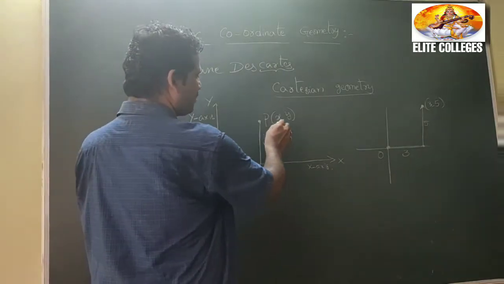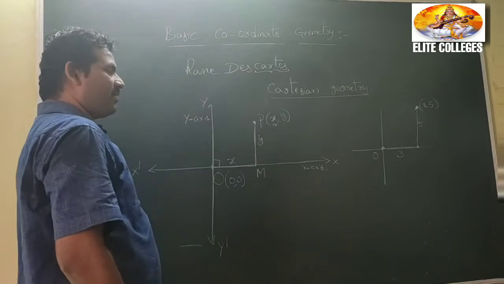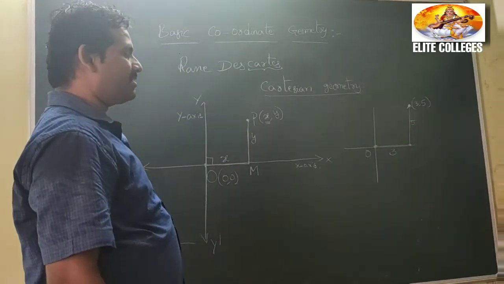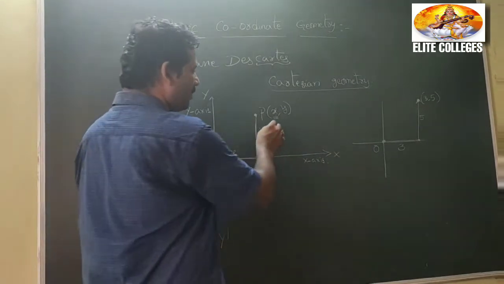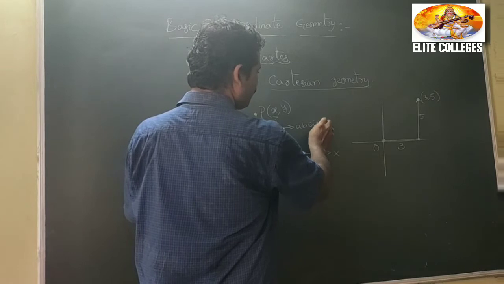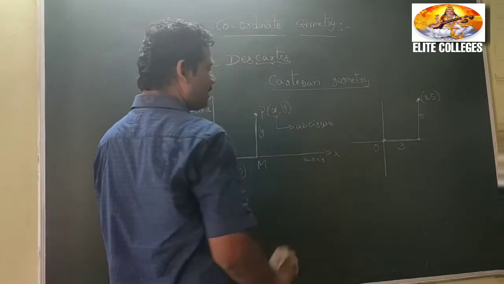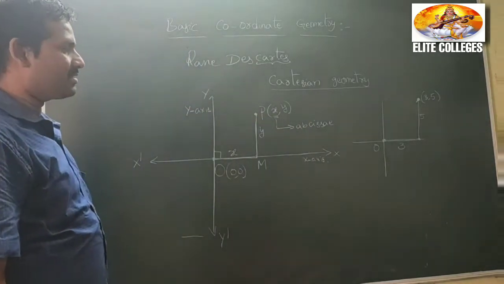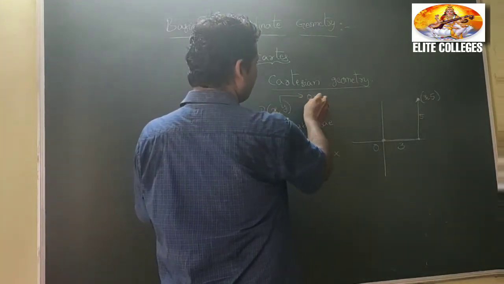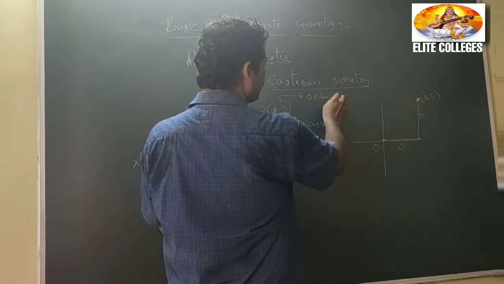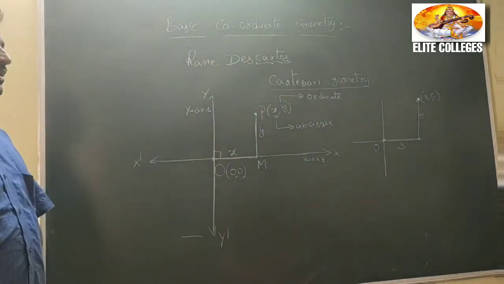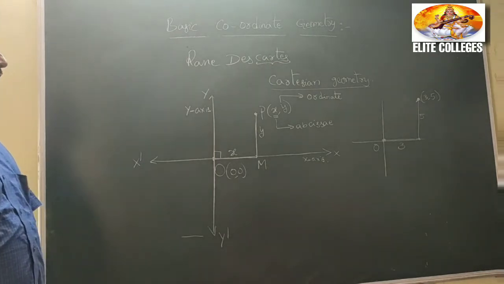And what is this x called? In P(x, y), x is the x coordinate, or we can call it the abscissa. The y coordinate is called the ordinate. P(x, y) is any point in the plane.